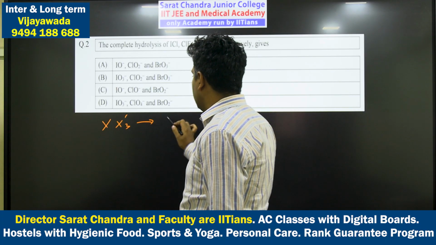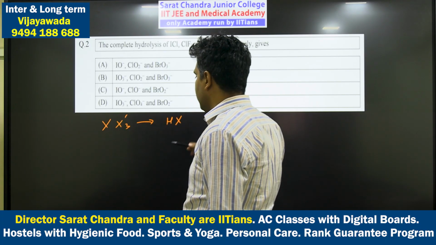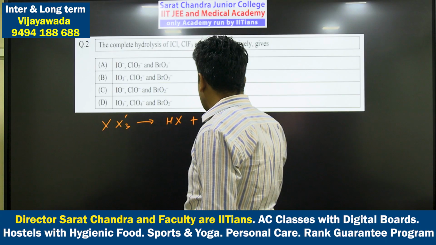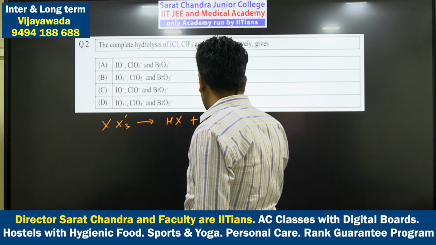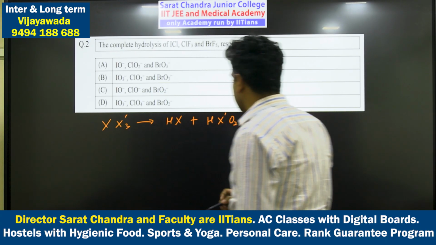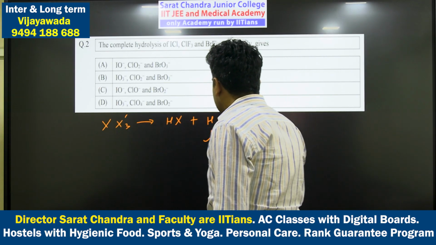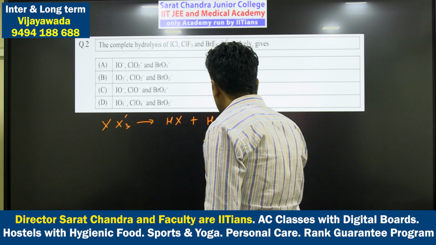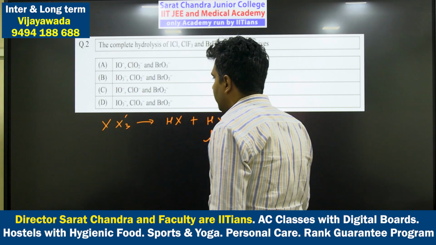The more electronegative halogen will be at the negative oxidation state, and the other halogen will be at the positive oxidation state. So in this case, halous acid will be formed.